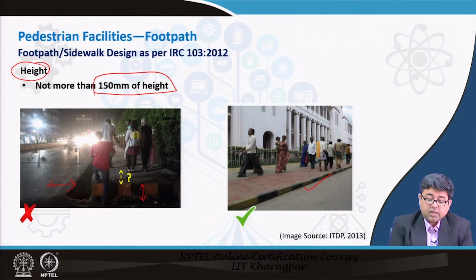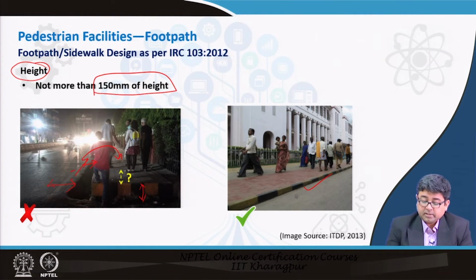There are multiple other design failures which we will get to, but what IRC says is that if you have such a high footpath, what is likely to happen is that if there is a motor vehicle that is plying on the edge of the road here, it may hit this raised sidewalk and then it may topple over into the pedestrian zone, right.